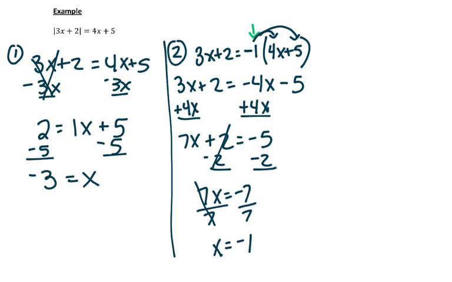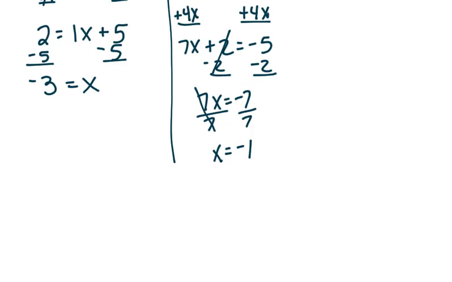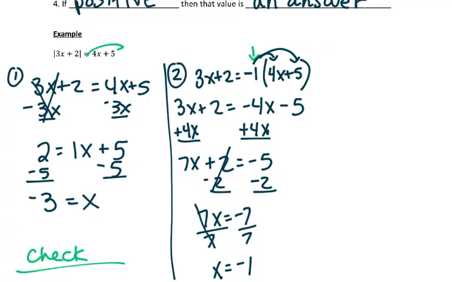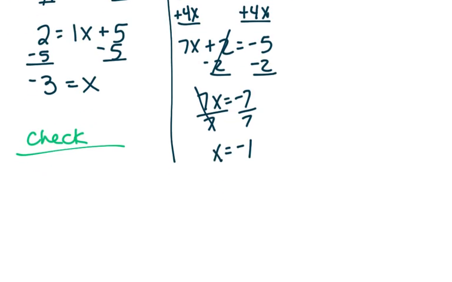Now I haven't boxed anything yet because I have to check. I'm going to check with my calculator, but I'm going to show how I check below. The checking piece is that we look at the right-hand side only. So the right-hand side is 4x plus 5. I take my answer and plug it in. So 4 times negative 3 plus 5 winds up being negative 7. So this is a negative number.